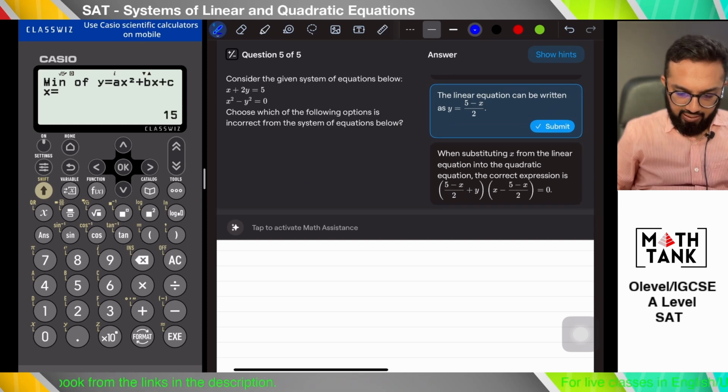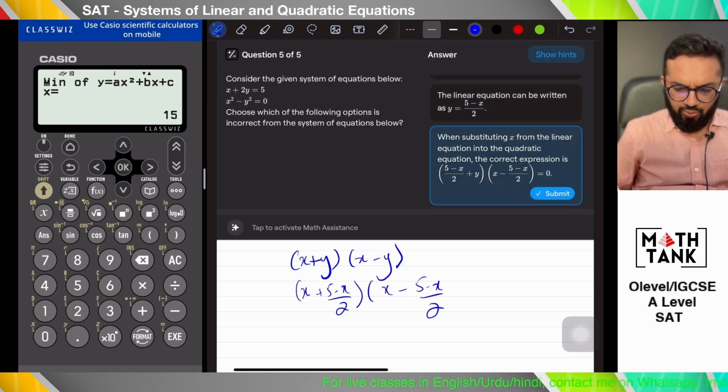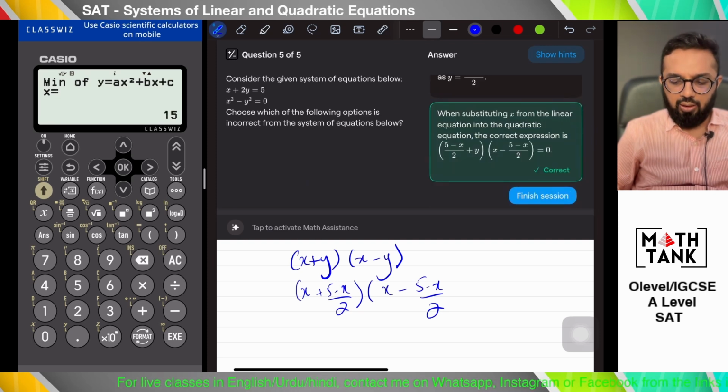When substituting x from the linear into the quadratic equation, this was x minus y into x plus y. Let's keep that as plus. Let's keep that as minus. If I'm taking a substitution for y, it's going to become 5 minus x over 2. So I should have 5 minus x. So the third one is a little wrong. There's a y here. I've messed up the substitution here.